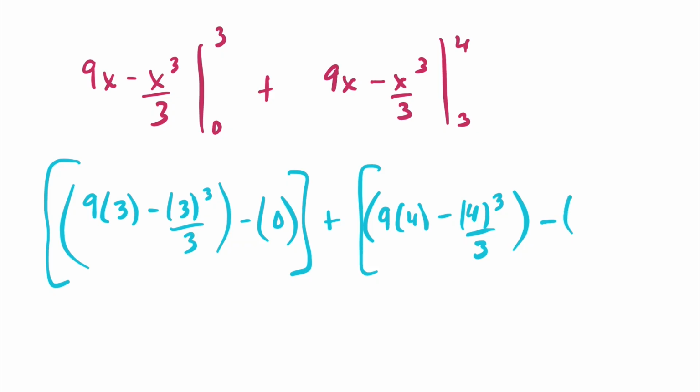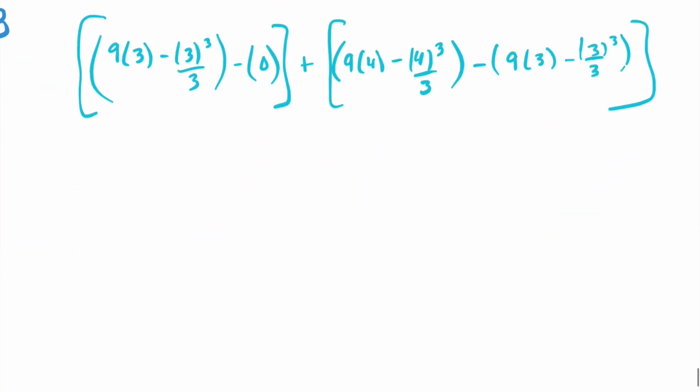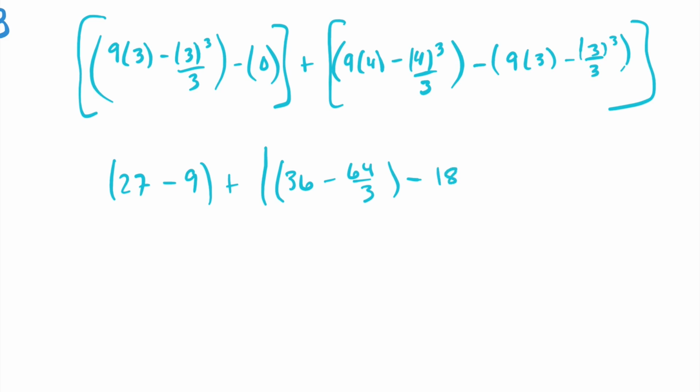This one we do have to account for with our 3's. 27 thirds is 9. This is going to be 36 minus 64 thirds. Take away, I already did the math here, 27 and 9, so I'll just simplify that to 18.